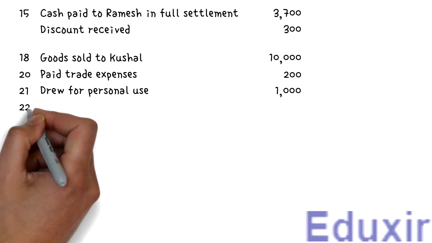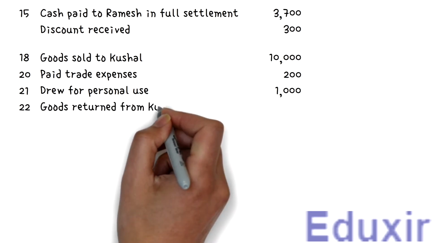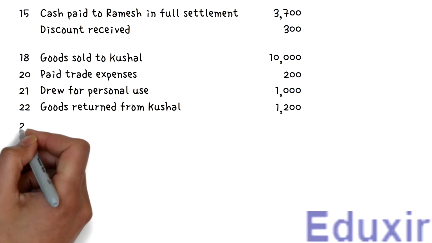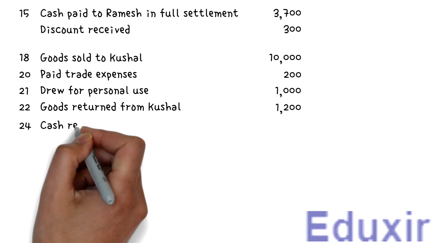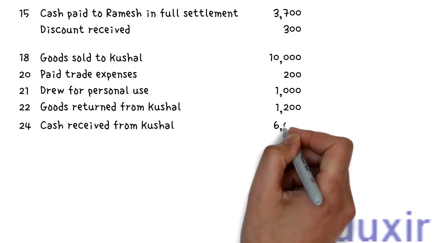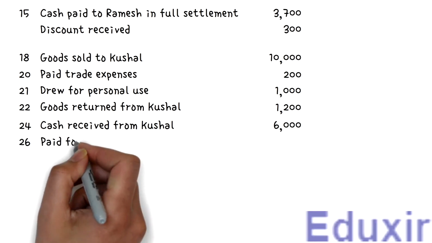On 22nd April, goods returned from Kushal 1,200 rupees. On 24th April, cash received from Kushal 6,000 rupees. On 26th April, paid for stationery 100 rupees.